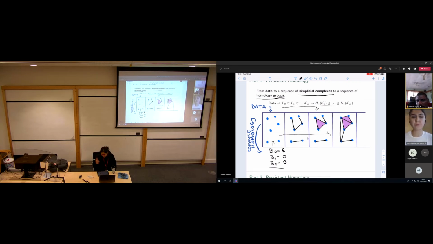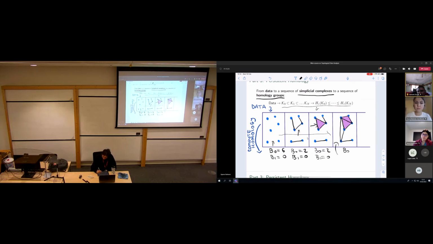B2 is going to be 0 throughout this example, so let's forget about it for a second. Here I added in the filtration a bunch of simplices, so I have B0 equal to 2, still no hole, so B1 is equal to 0. I added the 2-simplex here, but nothing changed at the level of homology. I still have 2 connected components and still no hole. Finally here, I added a bunch more simplices, and finally I have a unique connected component, and also I have one hole, this one.